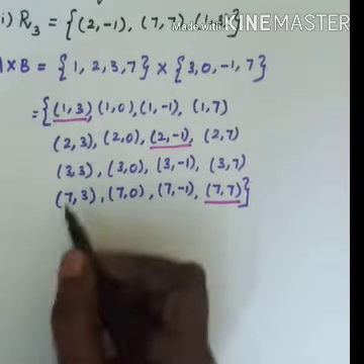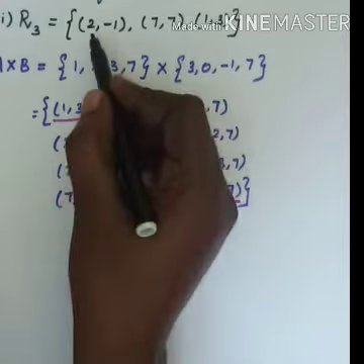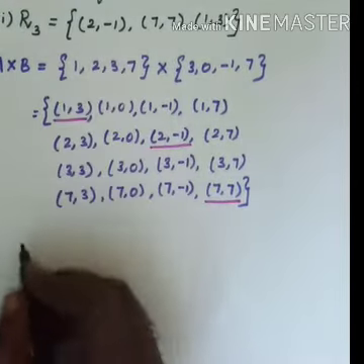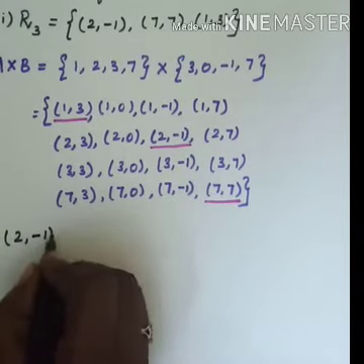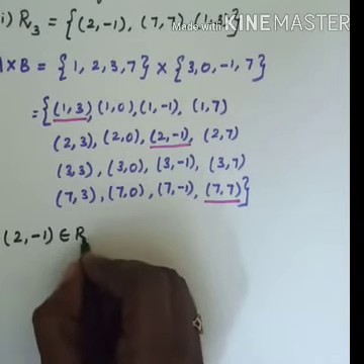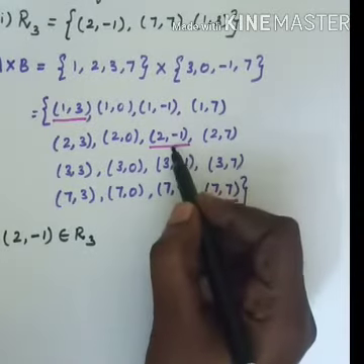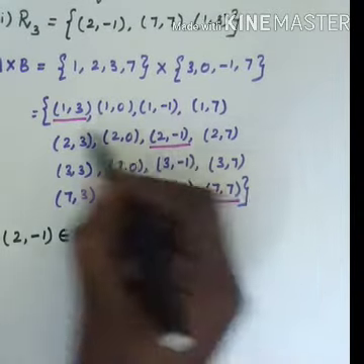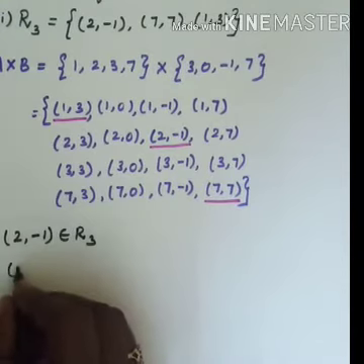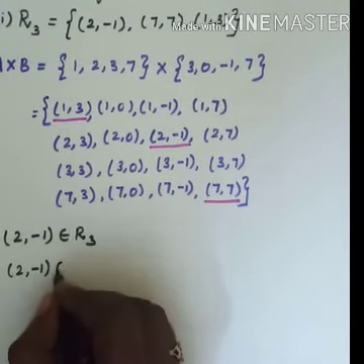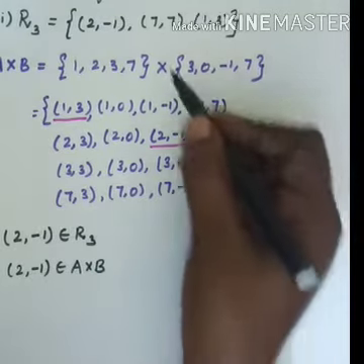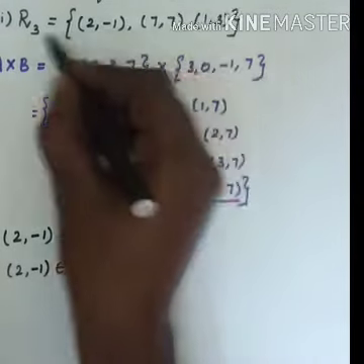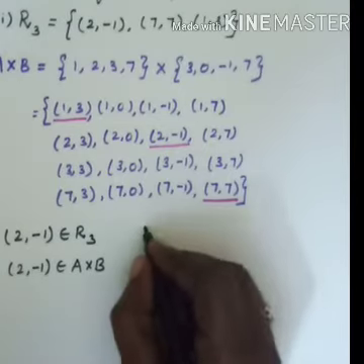How will you write it? (2, -1) belongs to R3. Also, (2, -1) belongs to A cross B. Then the second element (7, 7) belongs to R3.